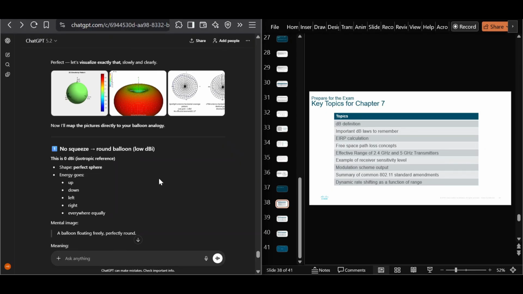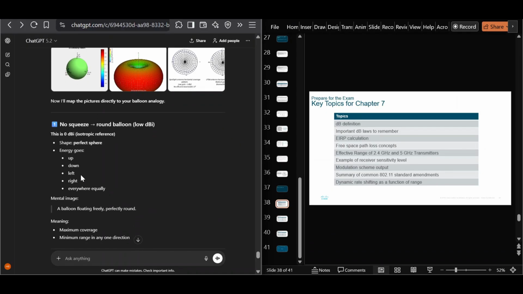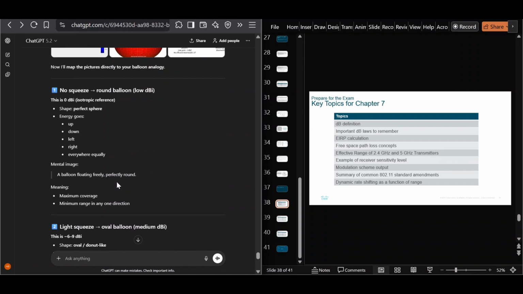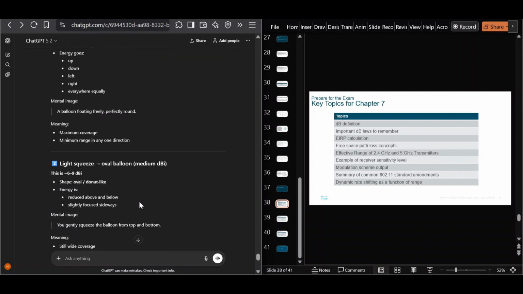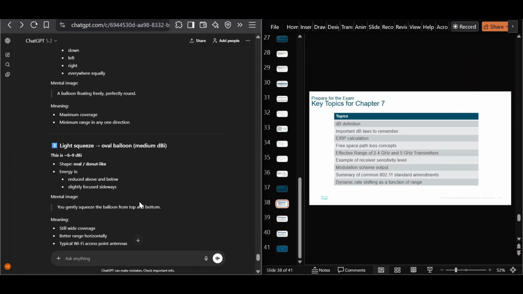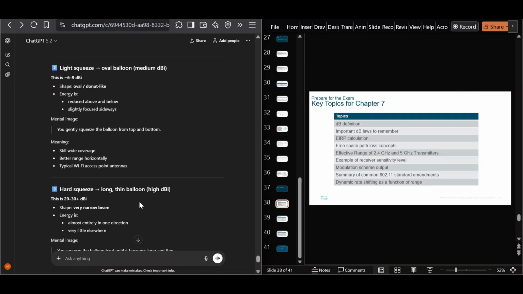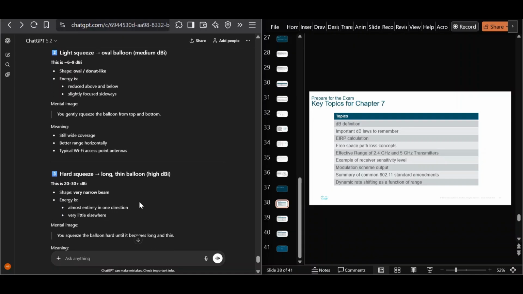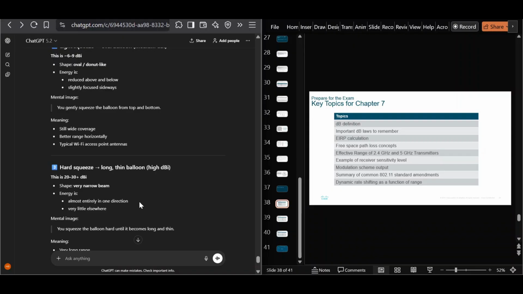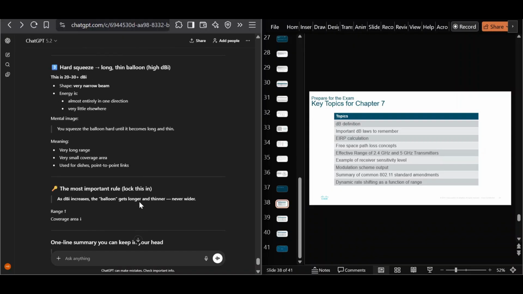This is isotropic: energy goes up, down, left, right, everywhere, like a balloon floating, perfectly round. Then a squeezed oval balloon. A donut shape reduces energy above and below but still gives wide coverage, better range horizontally, like a typical Wi-Fi access point. A hard squeeze is very sharp. So this is dBi.